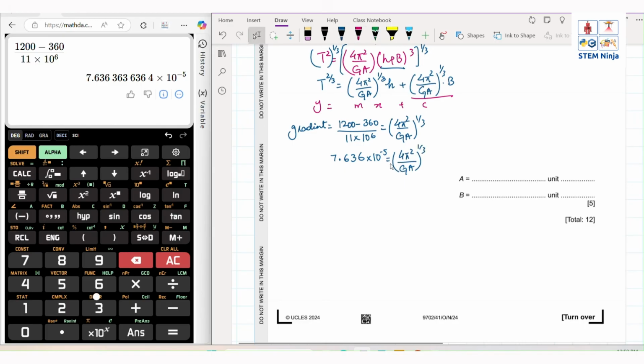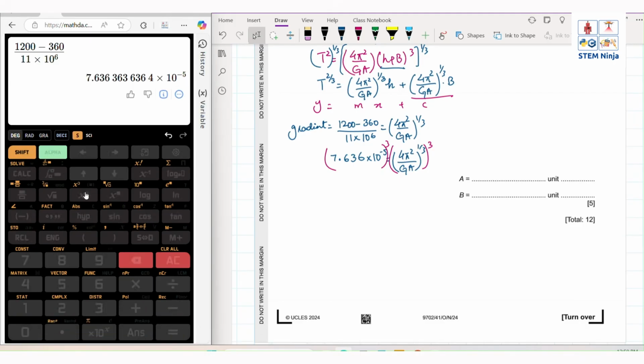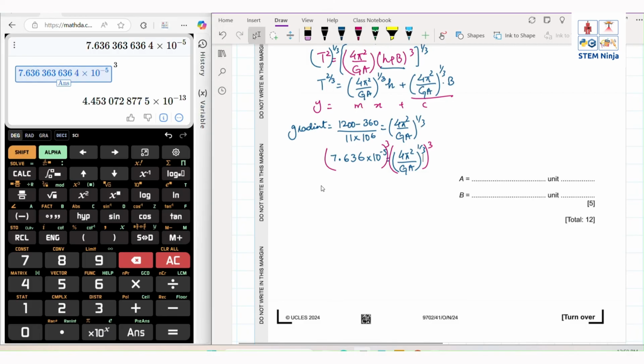Now, to get rid of the cube root, we take the cube on both sides. So we have 4 pi squared over GA equals 4.45307 times 10 raised to power minus 13.